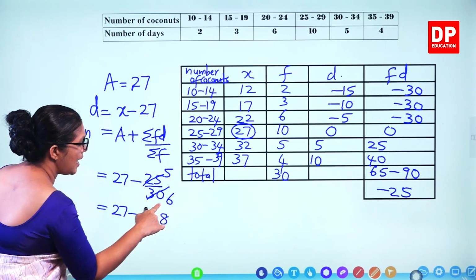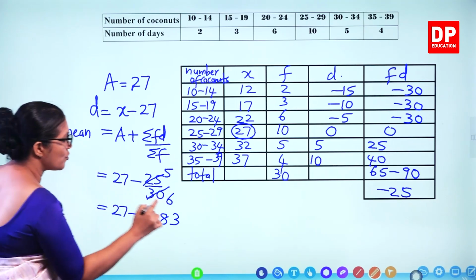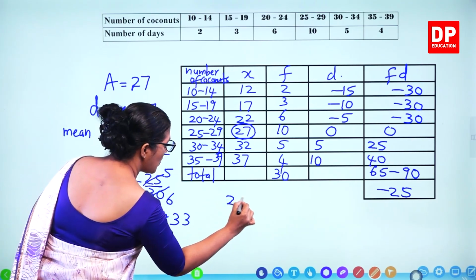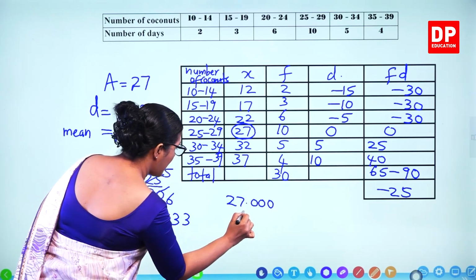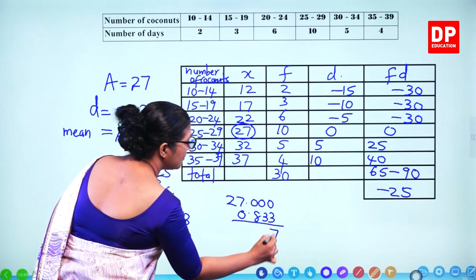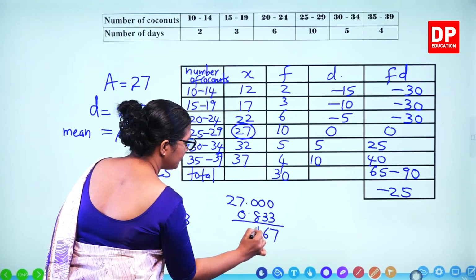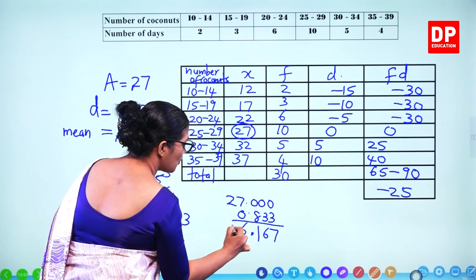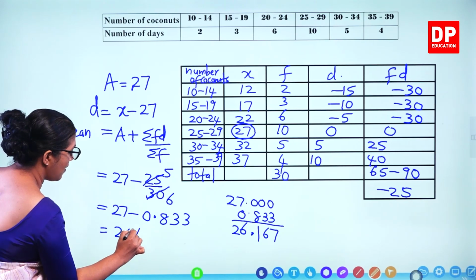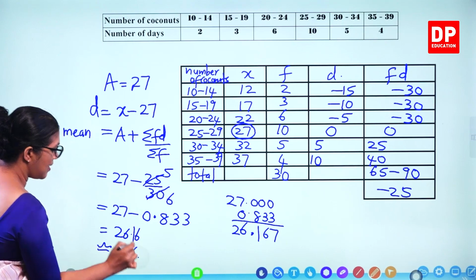For 20 again, you can put 3, that's 18. For 20, so 0.833 like that. So subtract 27 minus 0.833. You get 26.167. So that means 26 is the answer.